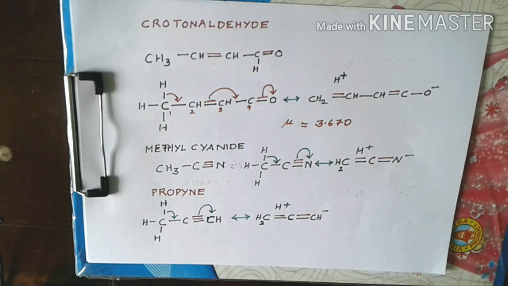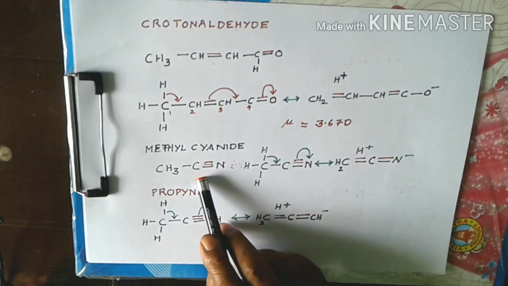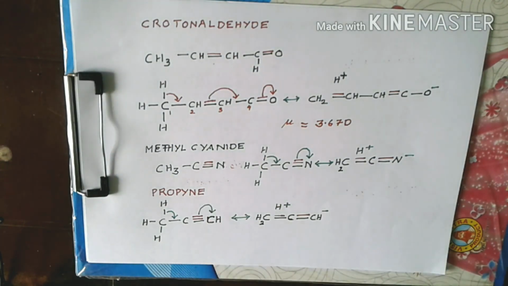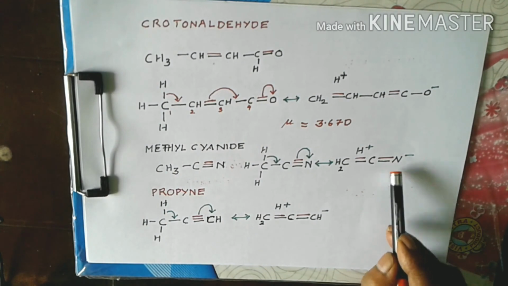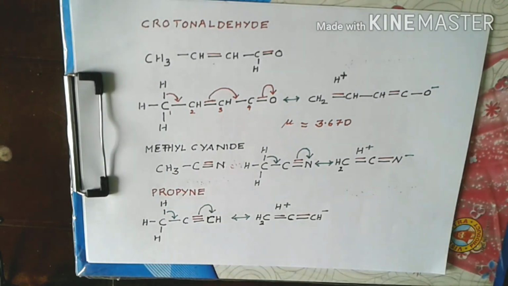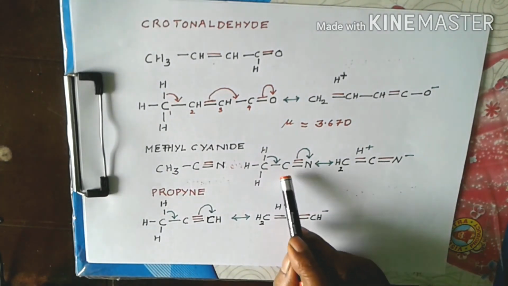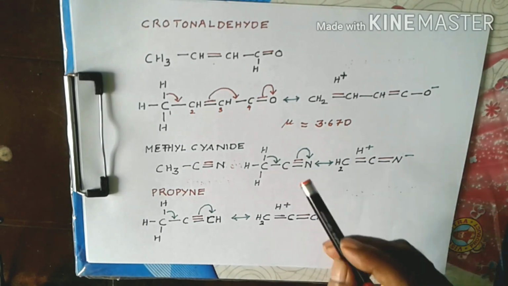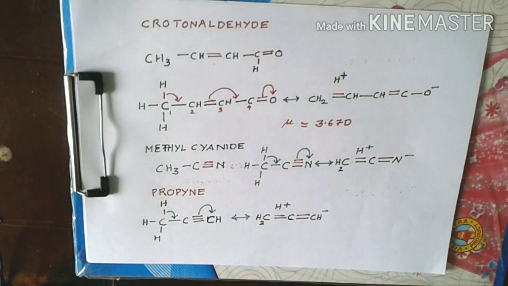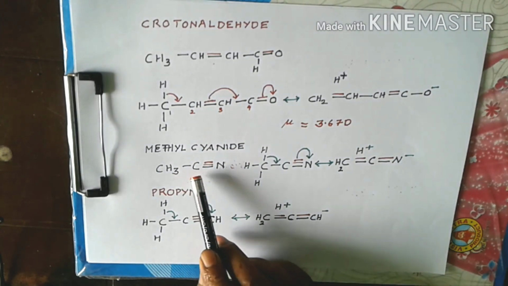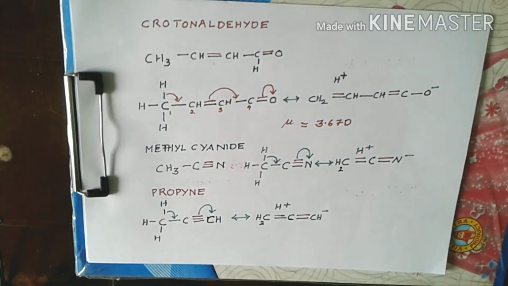And one after effect of this hyperconjugation here is that the CN bond length will be slightly increased, because here we have a double bond and here we have a triple bond, and the CC bond will have an increased bond order, so that the bond length will be shorter than the free structure, the carbon-carbon single bonded structure. So much about methyl cyanide.